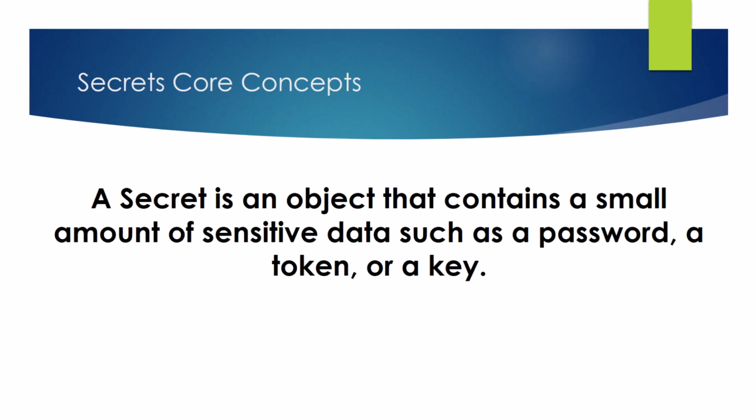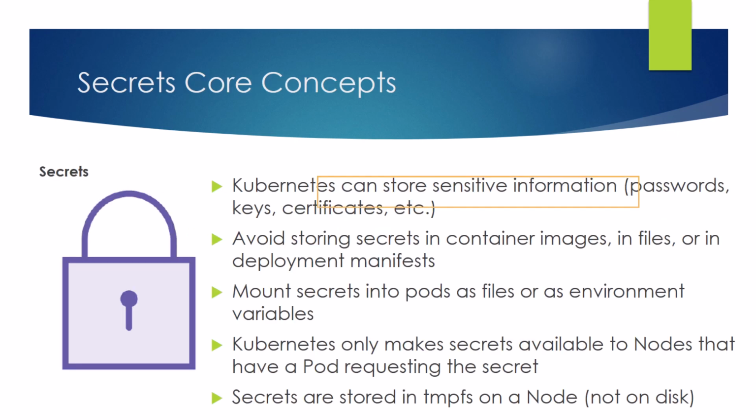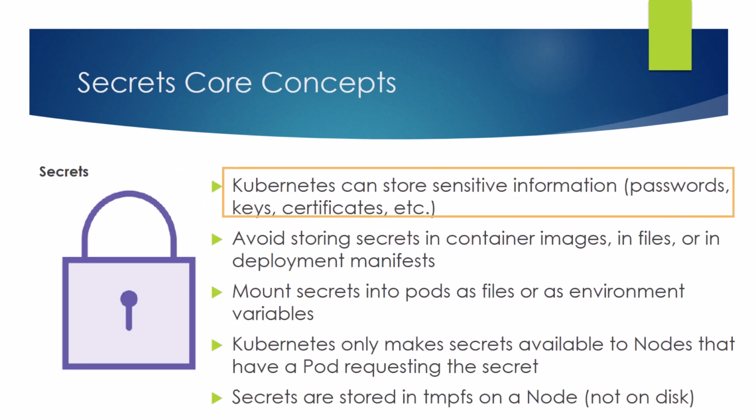So a secret is an object that contains a small amount of sensitive data. This could be a password, a token, a key, even a certificate. And with secrets in Kubernetes, we can securely make that data available to pods and to the containers running in those pods. So Kubernetes provides a secret store for this sensitive type of information.